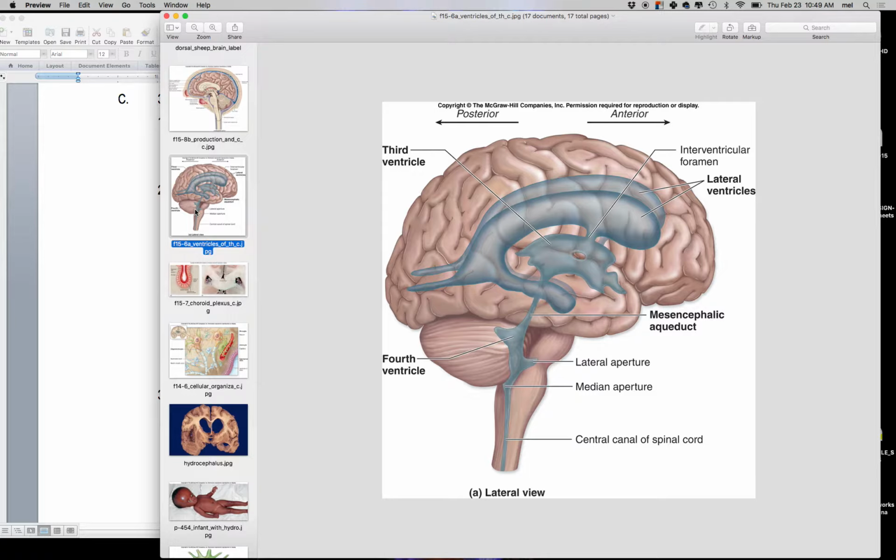So that's why they changed it. I don't care if you call it cerebral. It's fine. It's still called cerebral in a bunch of different textbooks. So 1, 2, 3, aqueduct, 4. And the 4 is between the brainstem and the cerebellum. Does that make sense? Okay, so let's look at how inside those things you produce cerebrospinal fluid.